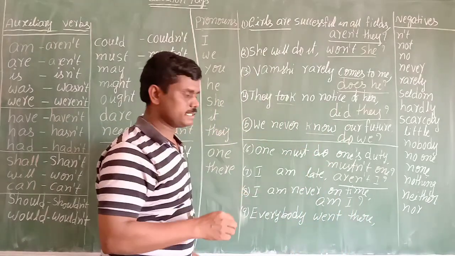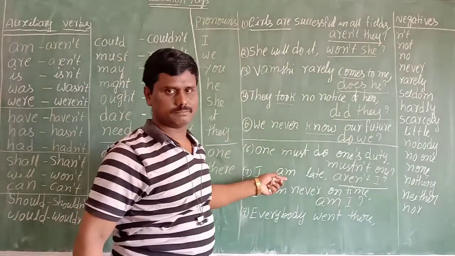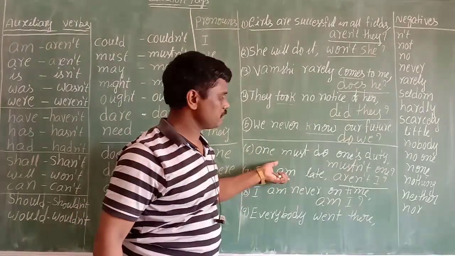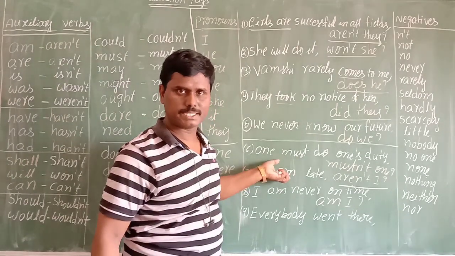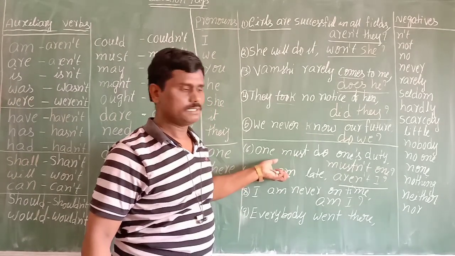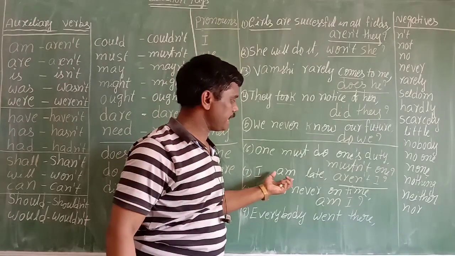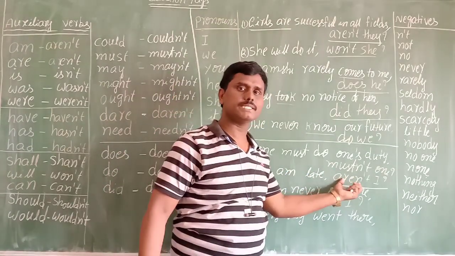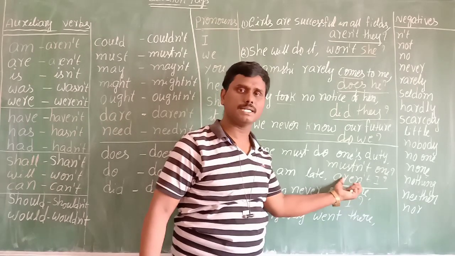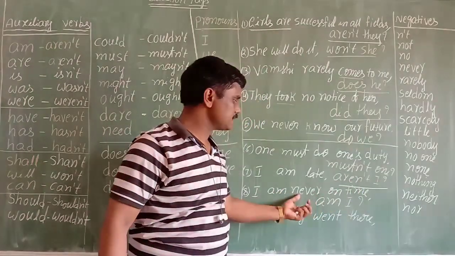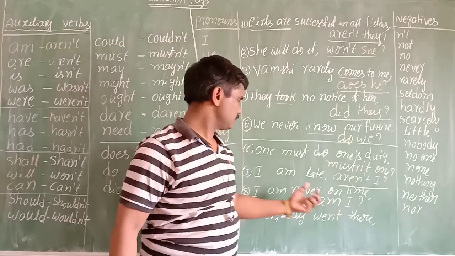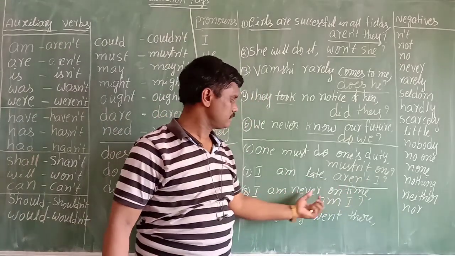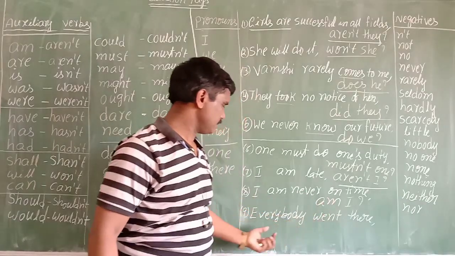So friends, am is a special feature. When the subject is I am, with no negative word, the question tag always begins with aren't. If a negative word is there, once again am. So, I am late, aren't I. I am never, never is a negative word, am I.